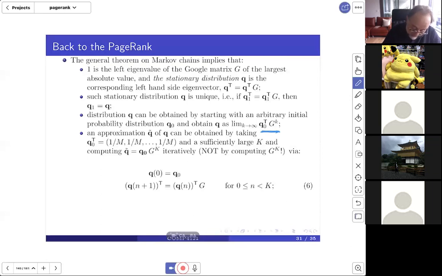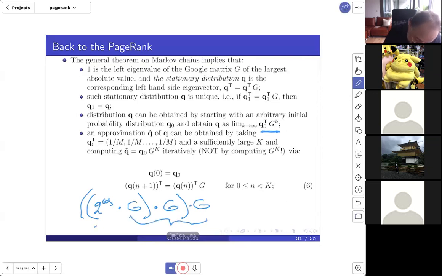But we now use the fact that matrix multiplication is associative. So Q0 times G, and then this times G, and then this times G, and so forth. If we do this K times, this is in fact the same as Q0 if you multiply it with G to the K, right?